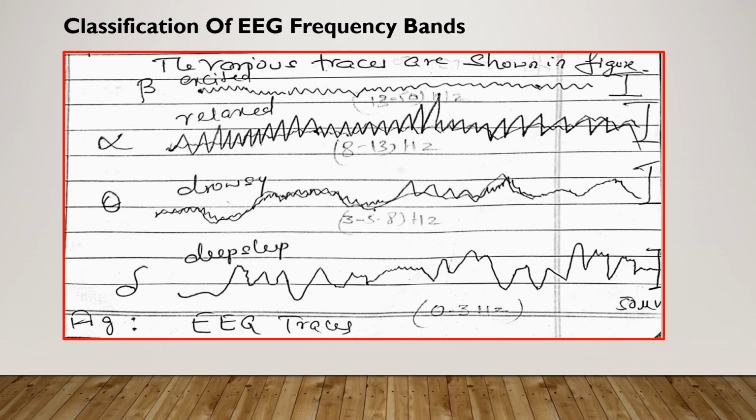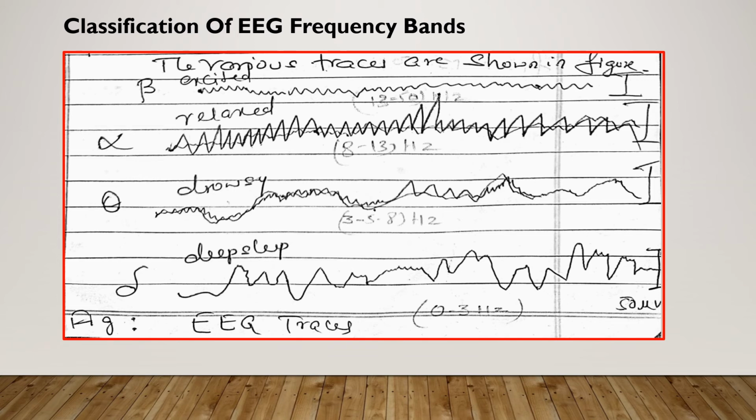The frequency range is from 0 to 3.5 Hz. Then the theta pattern. This pattern is exhibited in adults during stress. The frequency ranges from 3 to 8 Hz. In this pattern, the patient feels very drowsy.